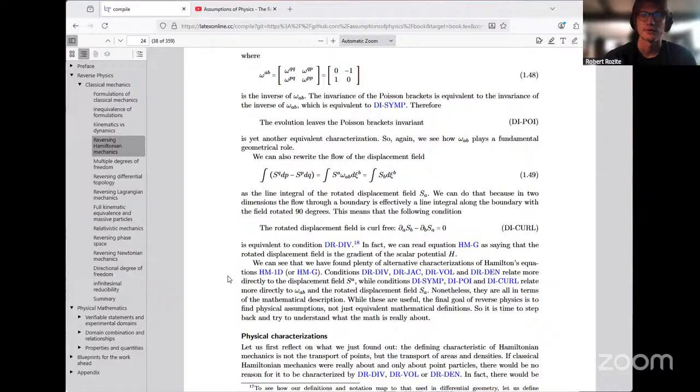While these are useful, the final goal of reverse physics is to find physical assumptions, not just equivalent mathematical definitions. So it is time to step back and try to understand what the math is really about.